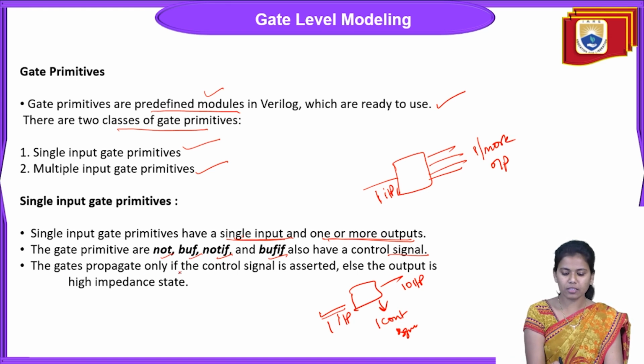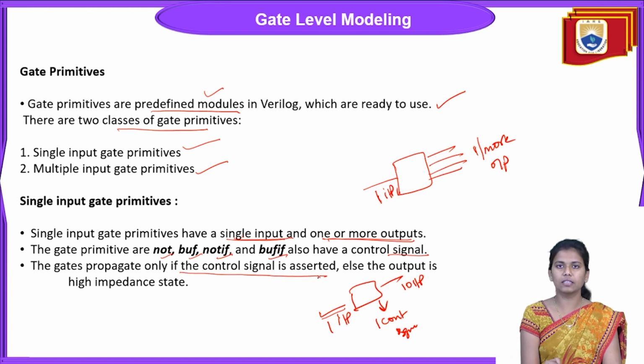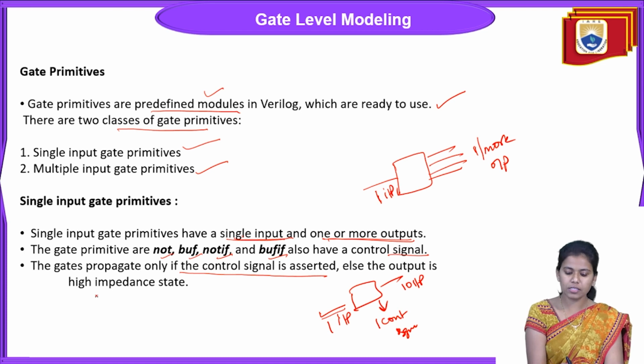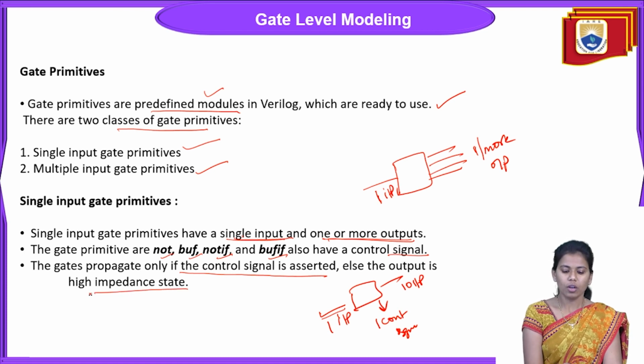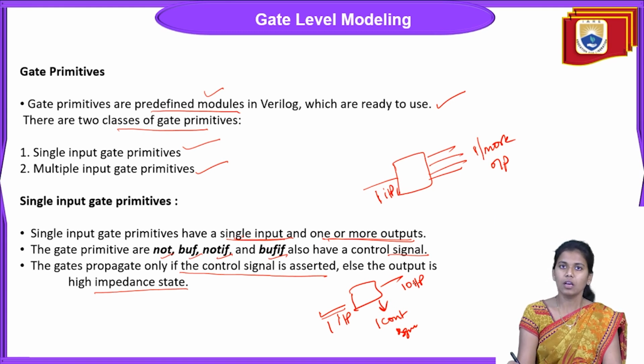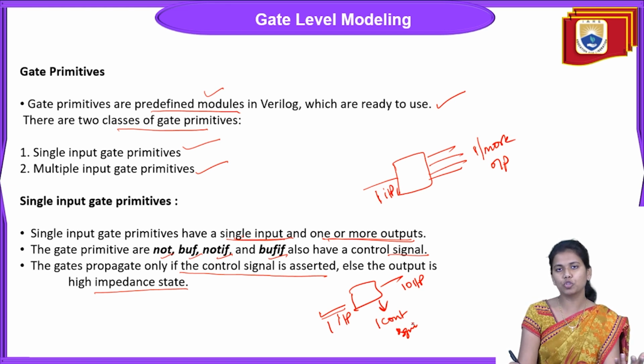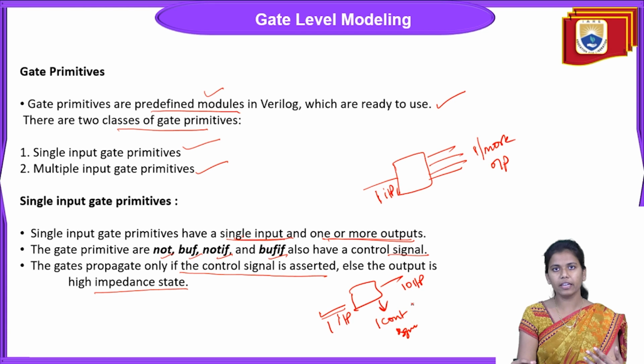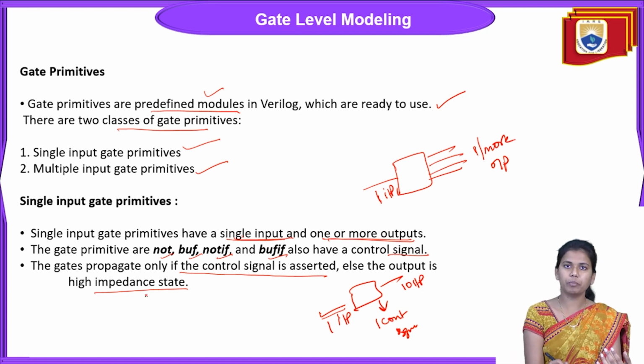The gates propagate only if the control signal is asserted, else the output is the high impedance state. So the gate propagates only when the control signal is asserted. That means when the control signal enables the input to propagate, only then the gate gives the output. Otherwise the gate goes to the high impedance state.